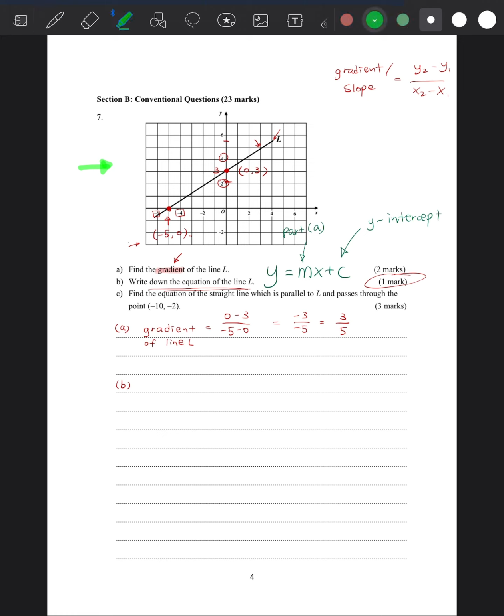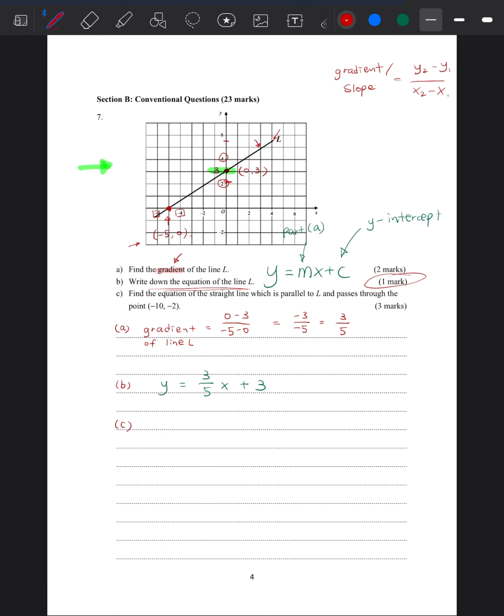So by looking at this here, your y-intercept is 3, and therefore it is y equals the gradient from your part A, you write it down, and then plus your y-intercept, which is 3. So you don't need any steps at all.